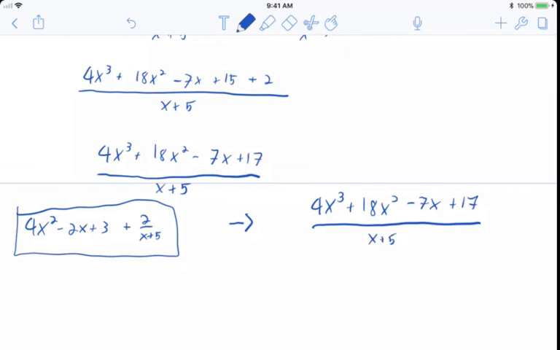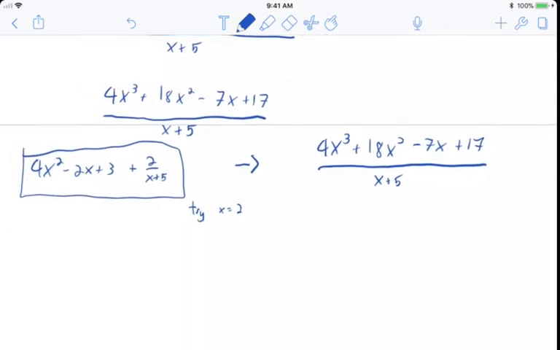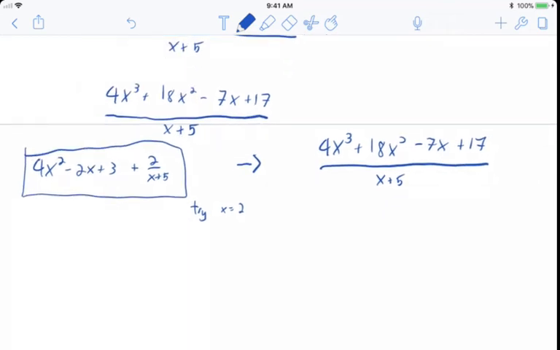So one way to test this, and you might be interested in testing this to see if you did it right, is to just plug in a number. What number should we try? Let's try x equals 2. I'm going to evaluate each of these at x equals 2 and then compare the values you get.